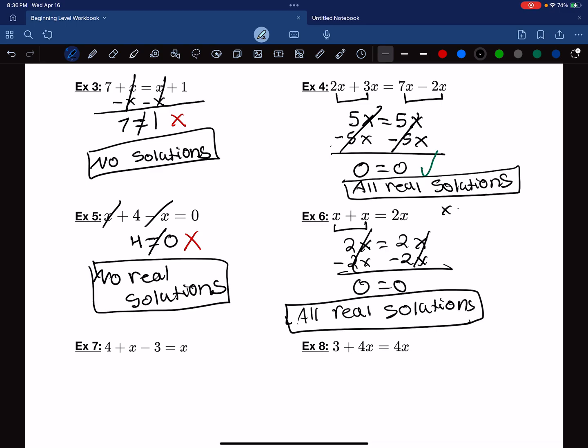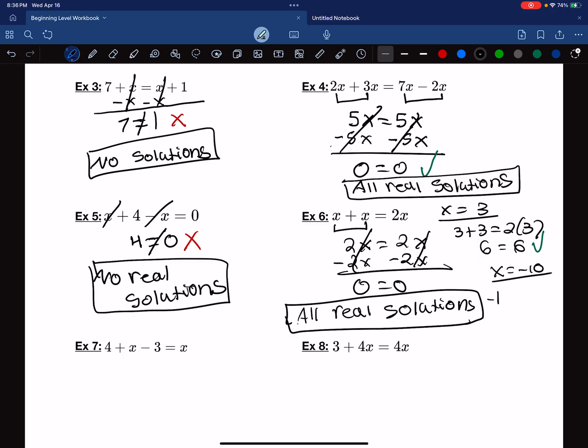So let's just say we wanted to plug in the solution x equals 3 to the equation. So we get 3 plus 3 equals 2 times 3. 3 plus 3 is 6, and 2 times 3 is 6. So the solution satisfies the equation. Now let's try another random solution. Let's do x equals negative 10, just because we want to.